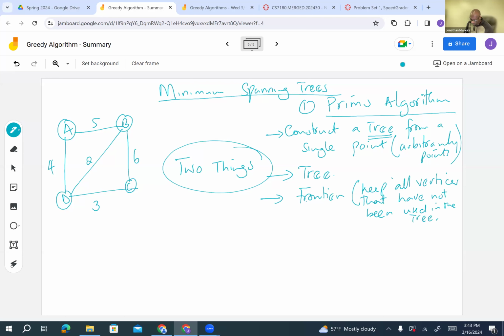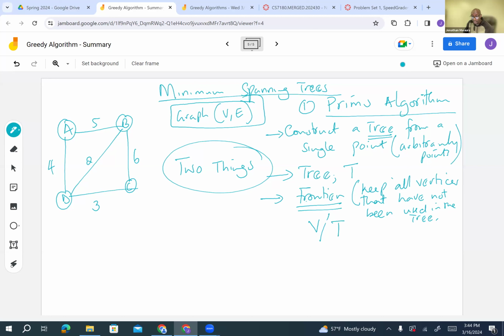So if we consider the tree to have T vertices, then this frontier is essentially keeping, supposing the graph has E edges and V vertices, the subset of all vertices which are not in the tree.